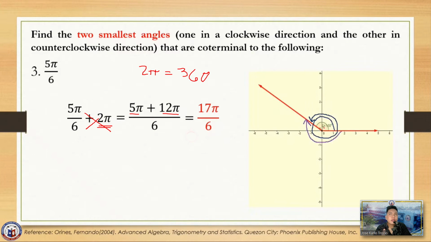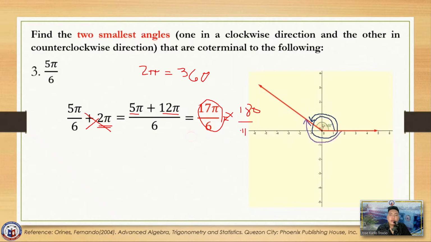So you can use GeoGebra to graph this, no? Or to make it more accurate, you can transform this into degree measure, diba? You know that you have to multiply it by 180 over pi, and you can solve for it.